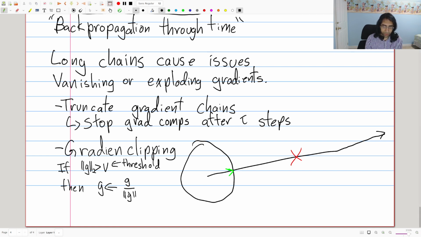So that'll make it a unit norm vector in the same direction, but then you scale it up by v to make sure that it lies at this clipping threshold. So g times v divided by the L2 norm of g. Recall that this is just going to be some number, so it's scaling by this number, not any sort of vector product. Okay, so that's another way to deal with exploding gradients.